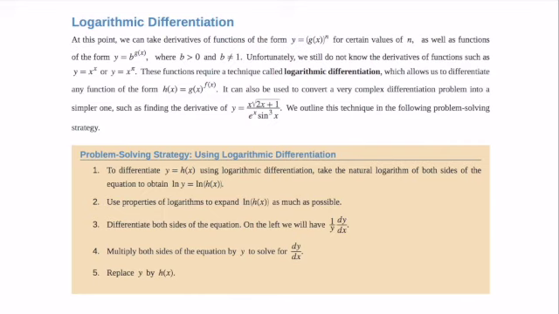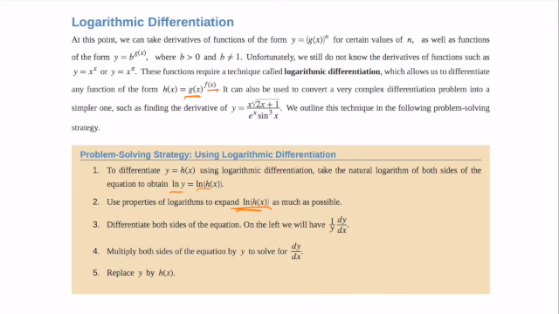Logarithmic differentiation allows us to differentiate a function of the form a function raised to another function. What we do to solve these is take the natural log of both sides, and then we can use the properties of natural logs to expand this as much as possible. I forgot that little step.